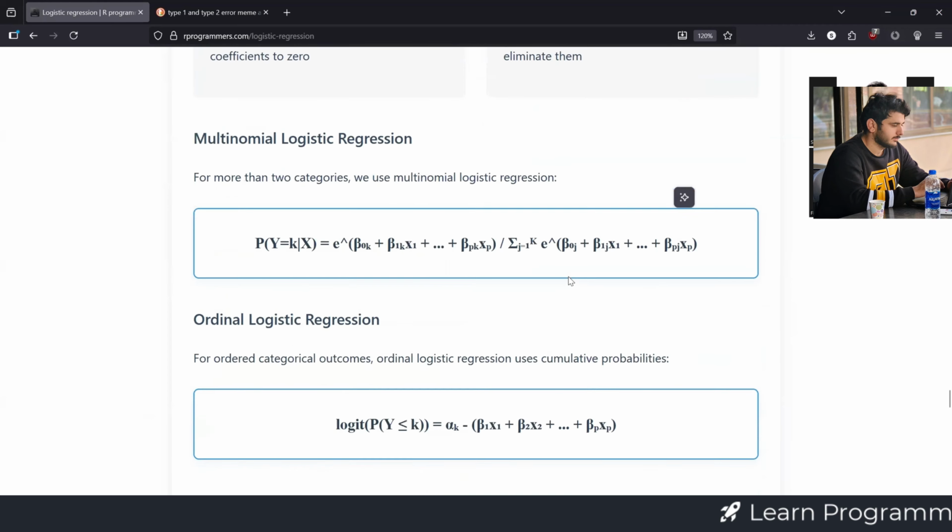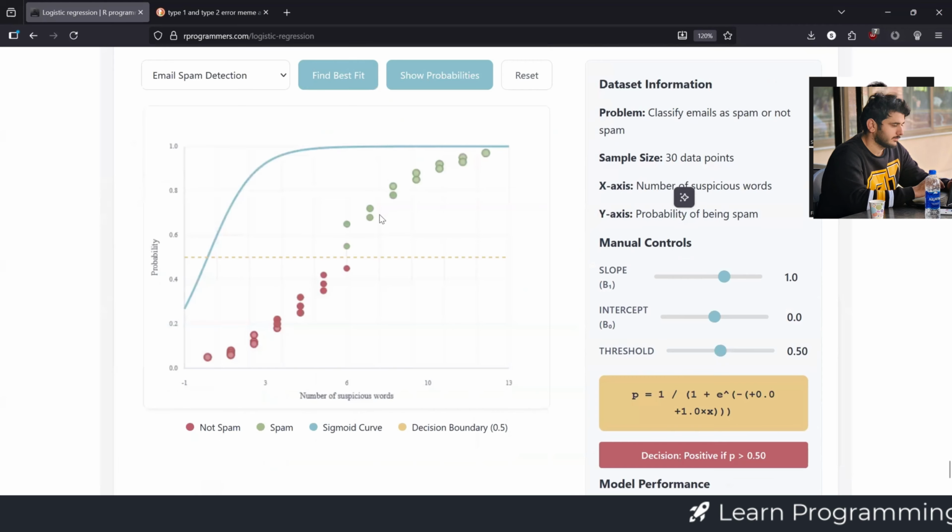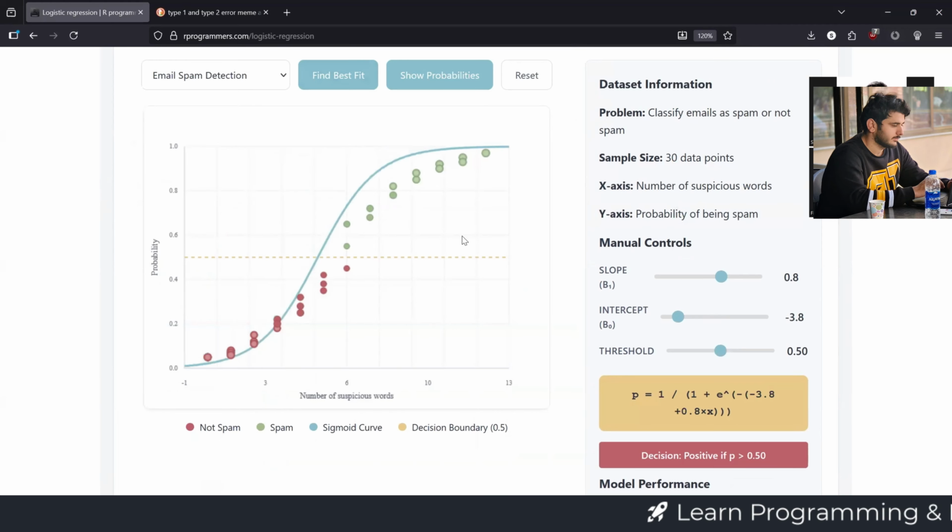Now let's move along. If we go to this example and find the best model, finding or training the best model means finding the best beta naught and beta 1 values. Here we have 96.96 percent accuracy, but precision is 92 and recall is 100.